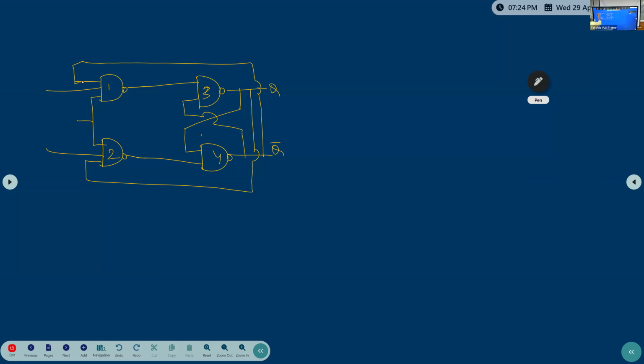When S is 1, R is 1, and enable is 1, what happens? All are 1, so it looks at Q. Q is 0, so this one becomes 0 and this output becomes 1. Q is 0, Q bar is 1, so this Q bar goes here: 1, 1, 1. This becomes 0. So for the 0, 1 case, what do we get for this circuit?